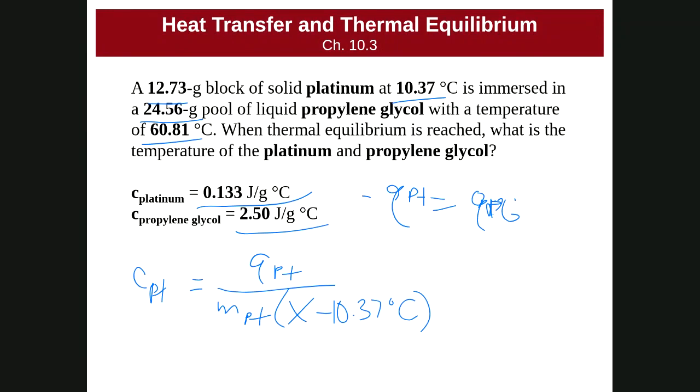And our heat capacity of propylene glycol is going to be the heat gained by propylene glycol, or vice versa. The propylene glycol started out hotter, so it's probably actually the one losing heat. So we'll call that one our negative when we get there.